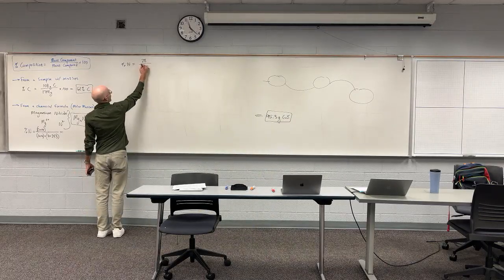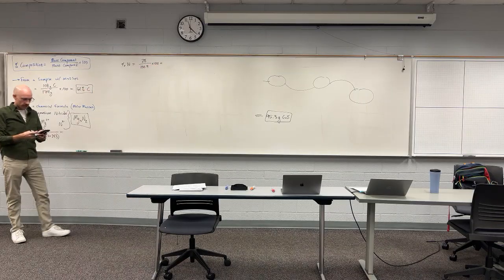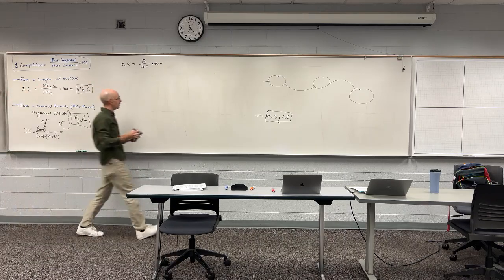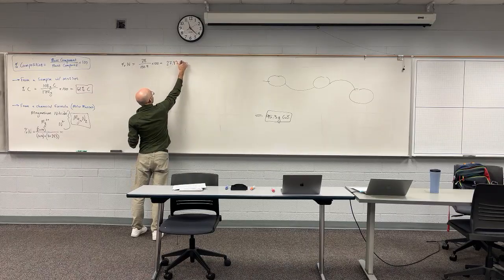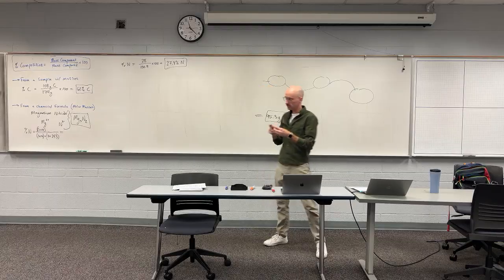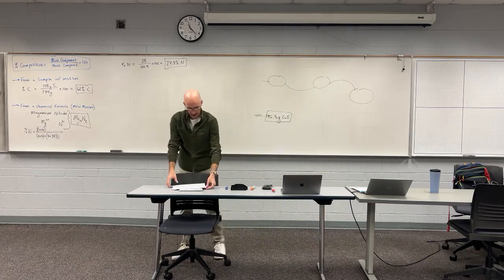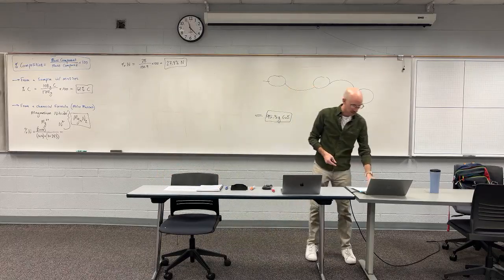What a nice little number. 28 divided by 100.9 times 100. Magnesium nitride is about 28% nitrogen. Okay, I trust that you guys are able to do this on that remaining question with oxygen.